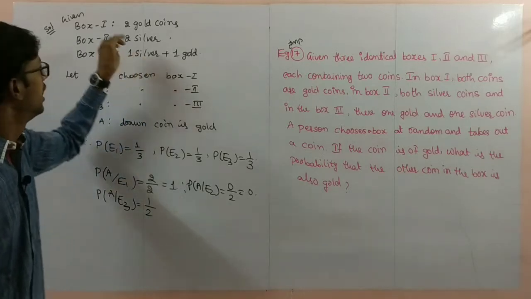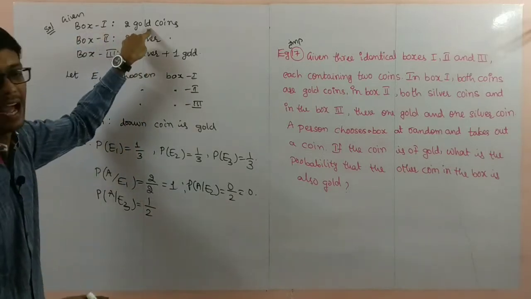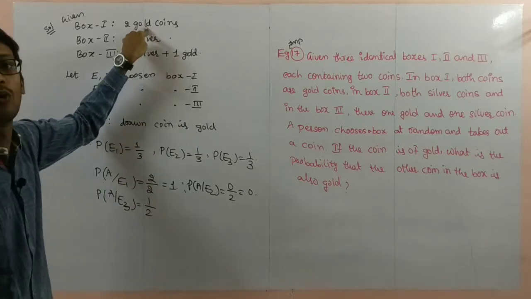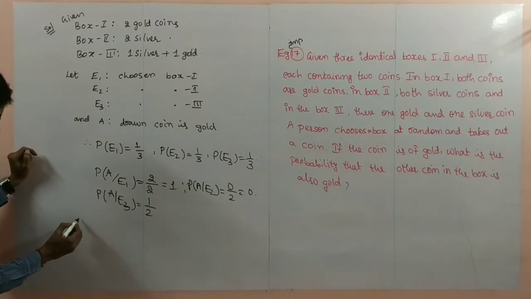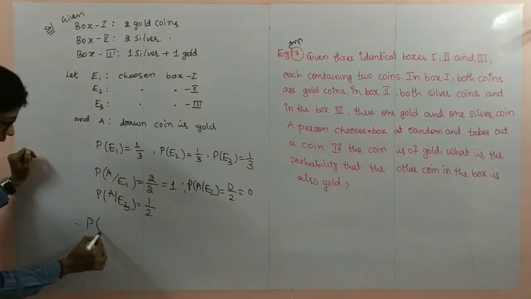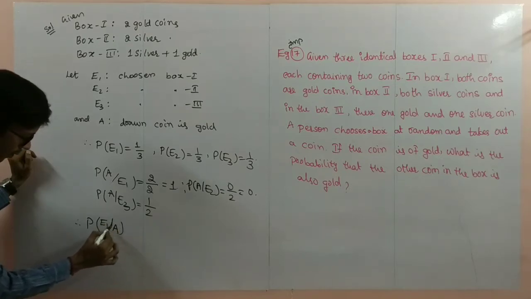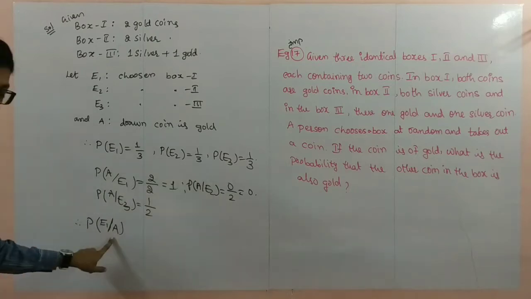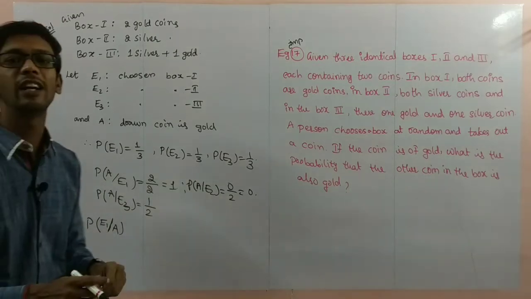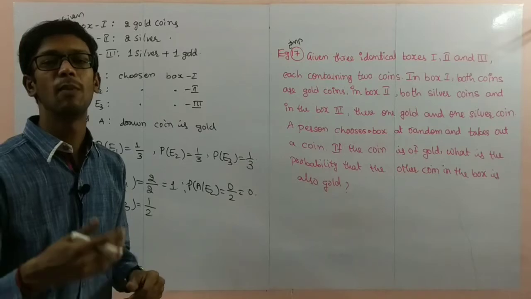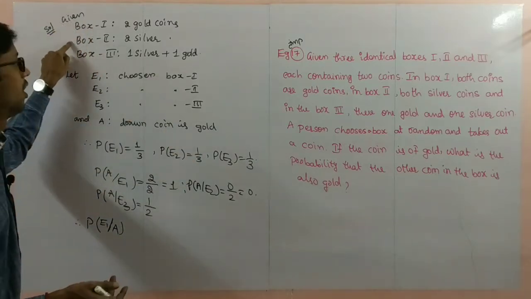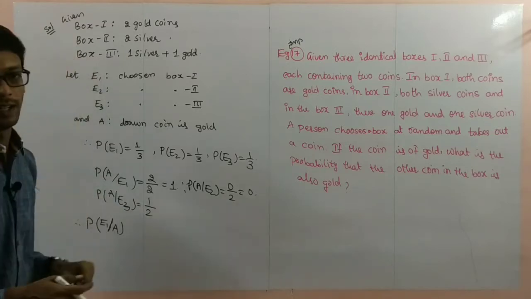Here one coin selected from box 1 is gold, and another also is possible, because 2 gold coins are there. So now you have to find the probability of E1 by A. Only in box 1 is the second gold coin possible; here not possible, here also not possible.